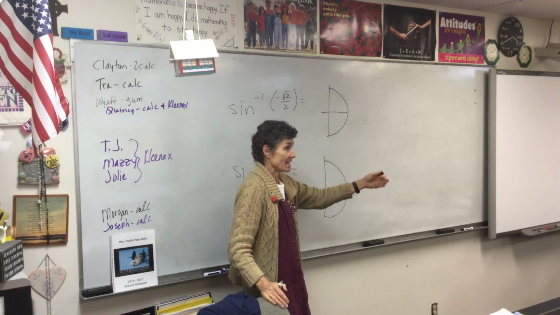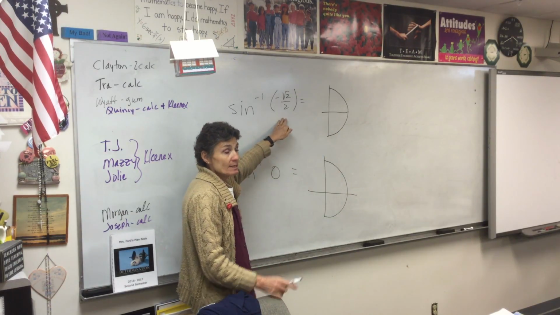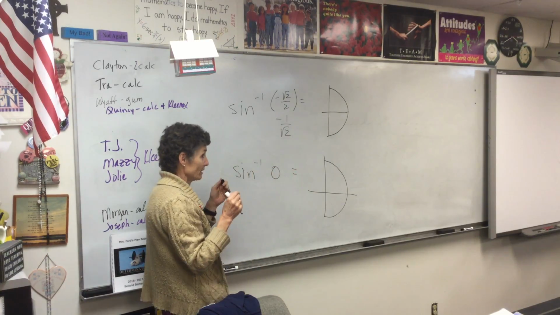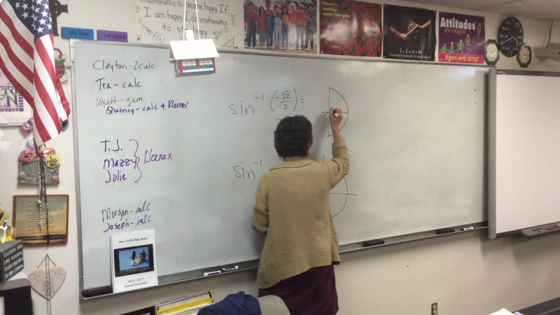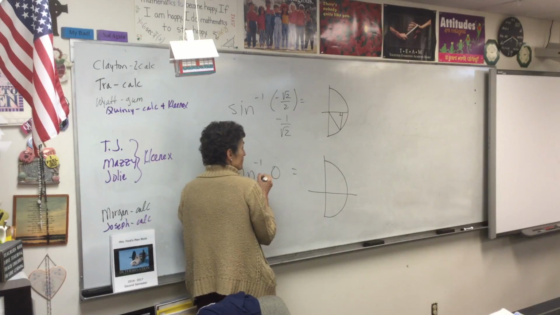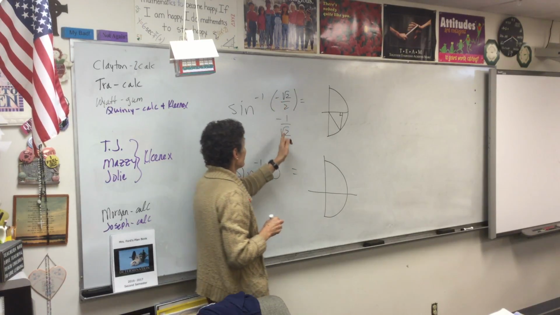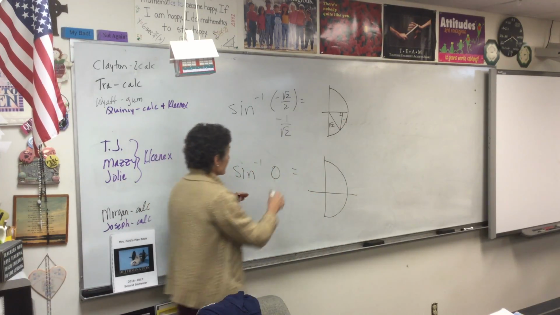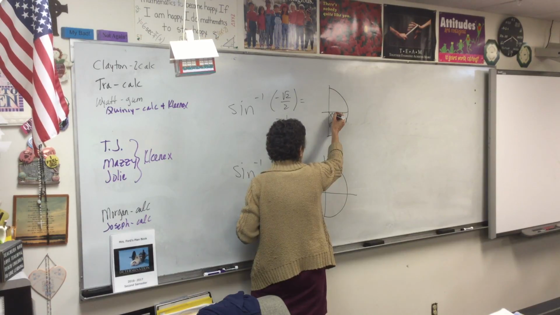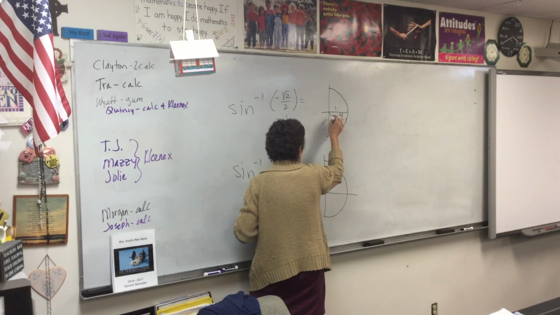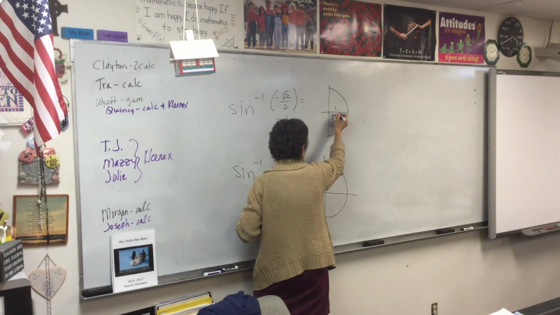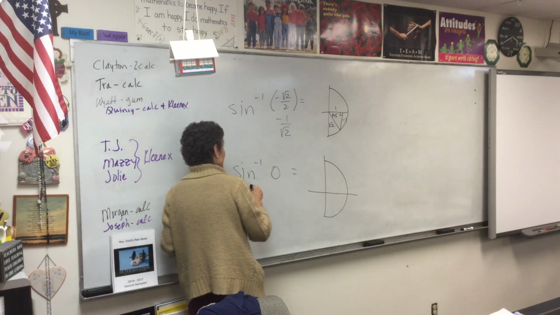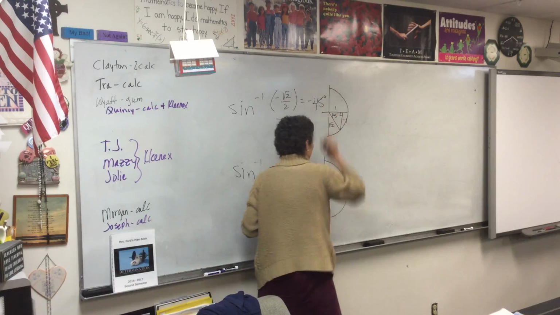You always make it the answer. What is the first step? -1 over root 2. And I say that because if you can think a little backwards like that, it's going to help you when you label the sides of your triangle. You're not going to recognize the root 2 and the 2, but you will recognize a 1 and a root 2 like that, right? This angle is how big? That's a 1, that's a 1, that's a root 2, so this angle is 45. But because it's in quadrant 4, it's actually -45.